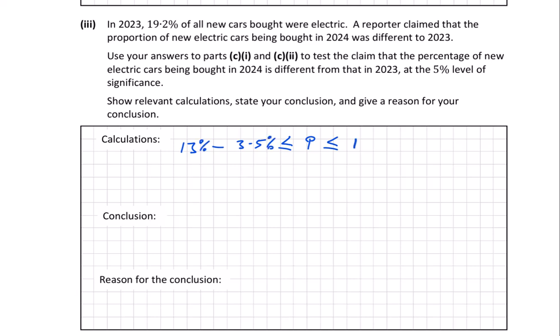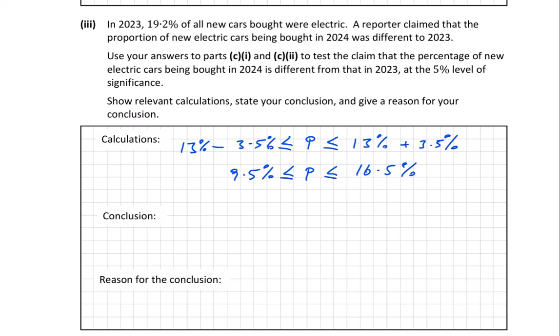And then we take the 13% and add the 3.5%. So when you do that, the population proportion for 2024 should be somewhere between 9.5% and 16.5%. So that would be our confidence interval for the proportion for 2024.